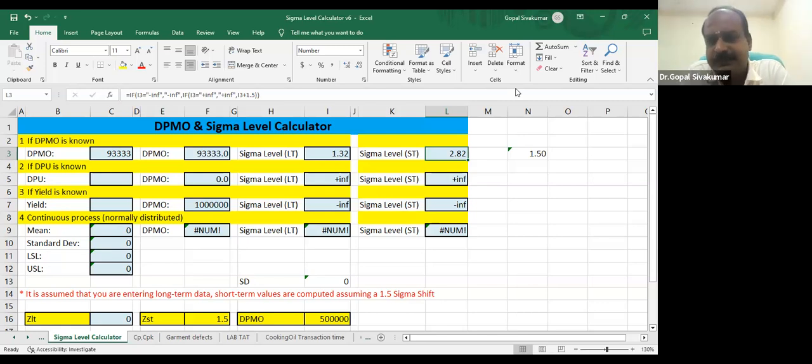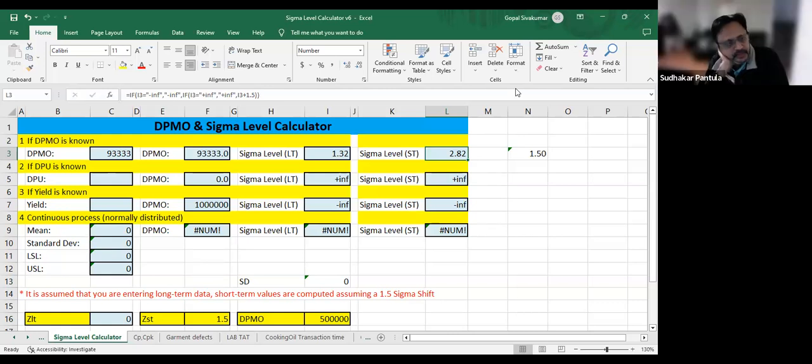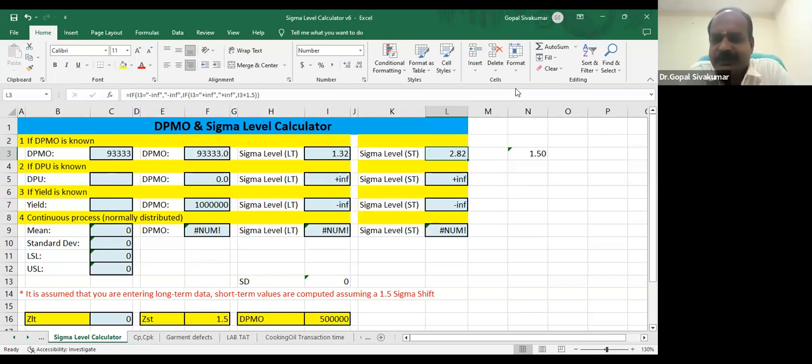Sigma levels are bad. But how is Gems making business? Mondelez India and Cadbury are the companies that produce and market Gems. How is their business going on? Is it profitable? Yeah, very much. Highly profitable, isn't it? But sigma levels are bad.